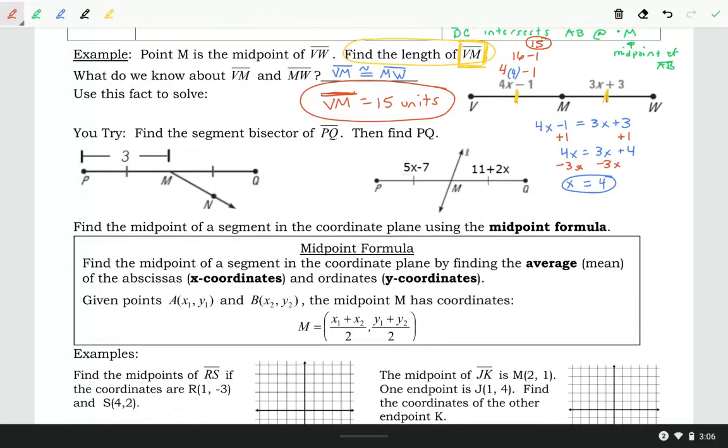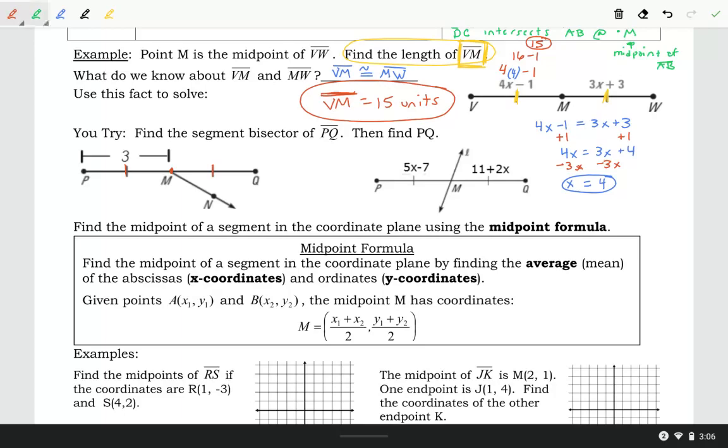Okay, so for the next two problems, it asks us to find the segment bisector of line segment PQ, and then to find PQ. So on the first one, we can see that point M splits line segment PQ into two congruent parts. So we know that M is our midpoint.